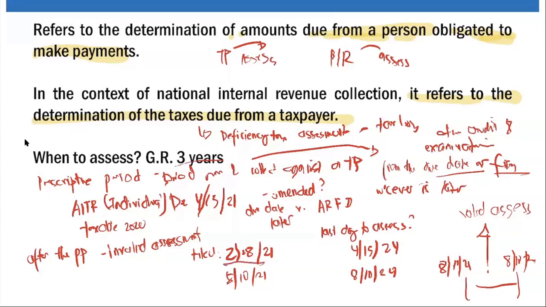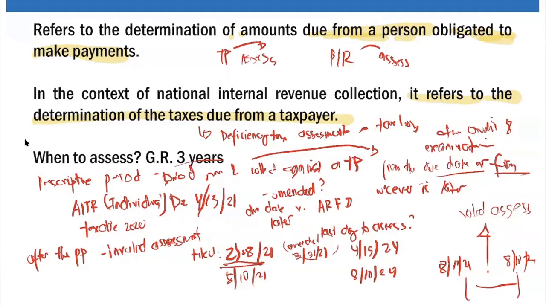So for example, you filed February 28, you amended it on March 31, 2021. You compare the amended date to the due date, whichever is again later. Clear? Okay. So you can amend your returns. If ever it is amended, you compare it to the amended date.